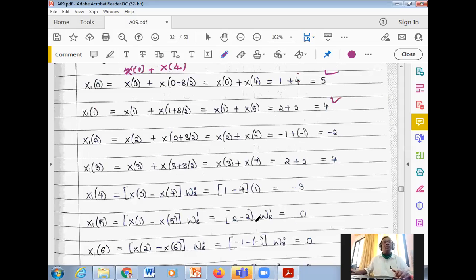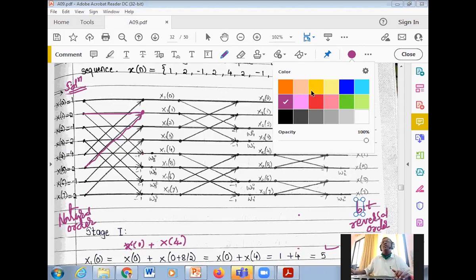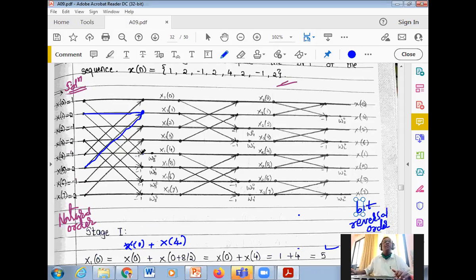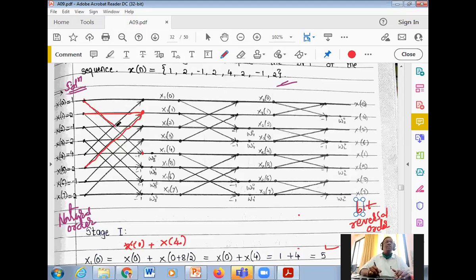Then if you check the value of x1 of 4, this is a very important thing. If you want to calculate x1 of 4, first we have to take this line. We have x of 0 minus x of 4.